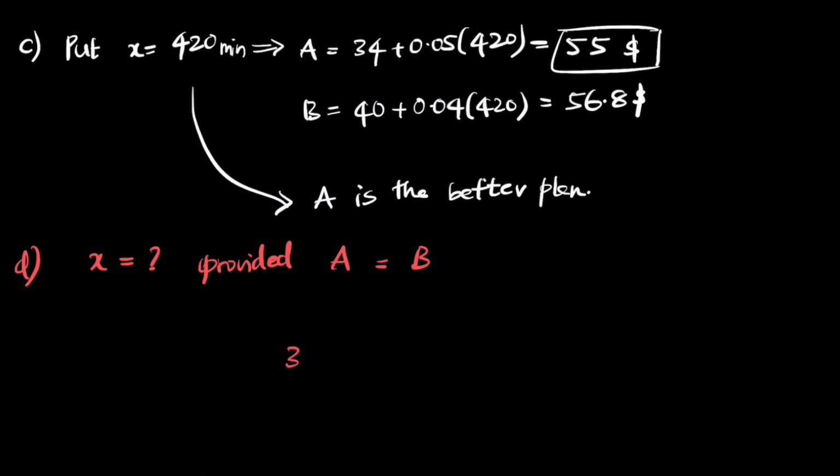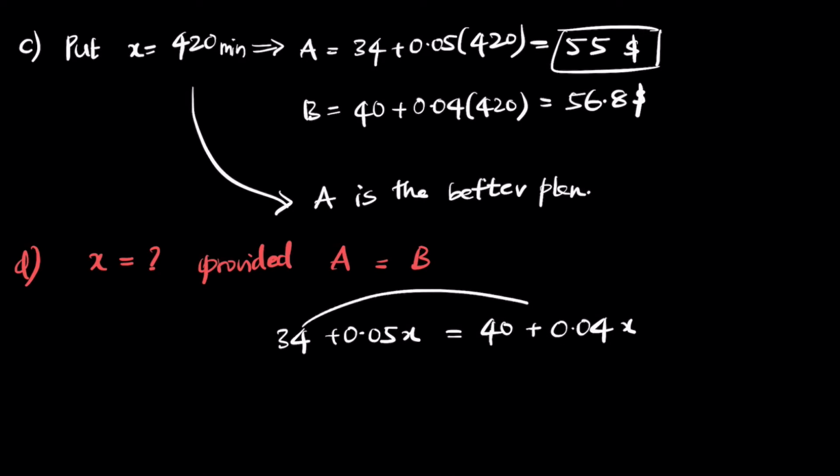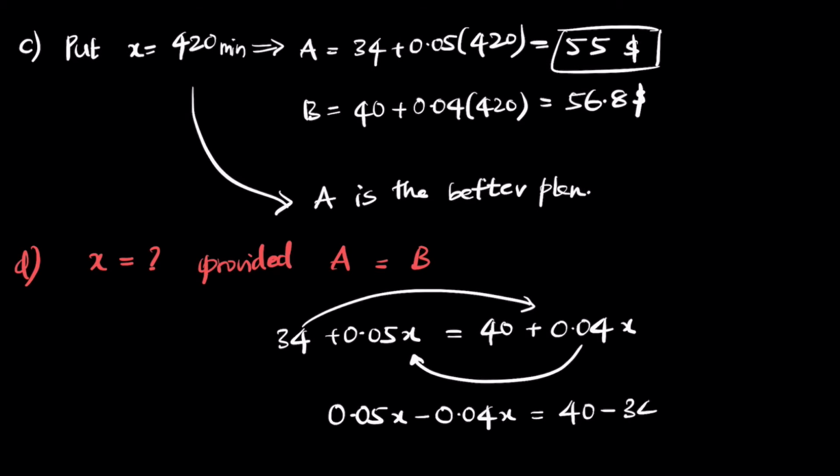The A equation is 34 plus 0.05x is equal to 40 plus 0.04x. Take the variables on one side and the values on the other side. Push 34 to the other side and push 0.04x to this side. You get 0.05x minus 0.04x is equal to 40 minus 34.